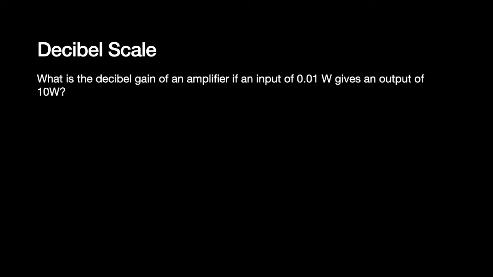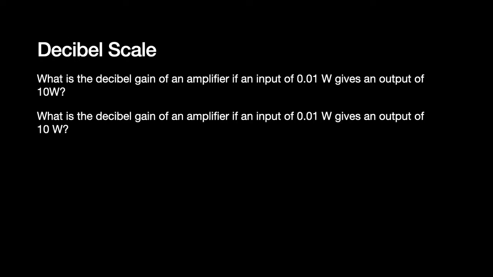After division, you can take log, and after taking log, you can multiply by 10. Yeah, so that answer will turn out to be 30 decibel. That's right. That's right, Atharva, Devesh. Thank you. Let's go ahead.